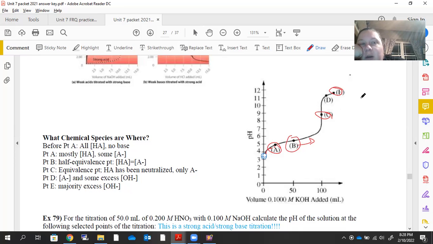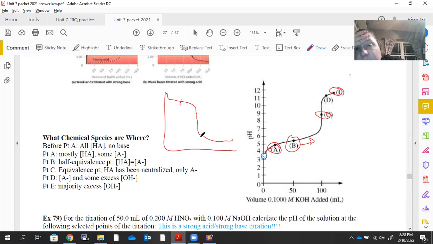If we were going to do this in the opposite direction, starting with a weak base, it's going to be pretty much the same talk, only instead of talking about acid, we'd be talking about base. Instead of A minus, we're talking about BH plus, the base that has accepted the proton. Other than that, every single thing is the same. At the beginning, I've got all base.